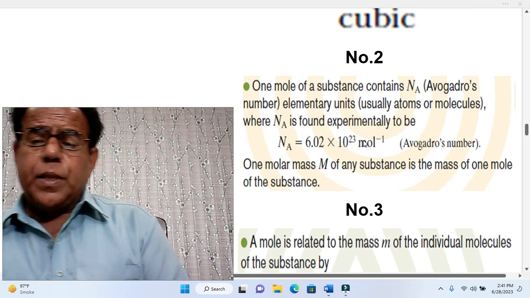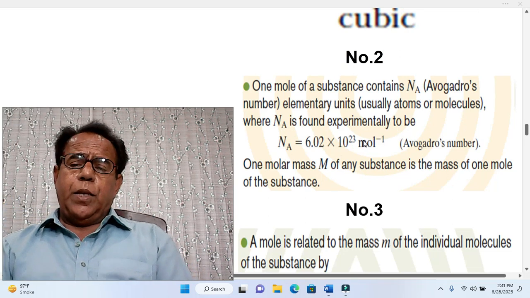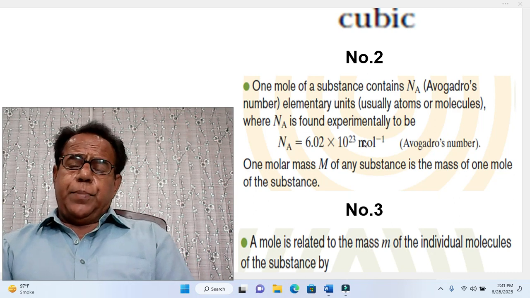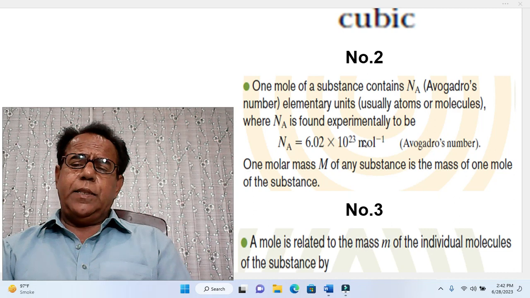Now in helping tool number 2, Avogadro's number has been defined, because Avogadro's number is used in solving this problem.